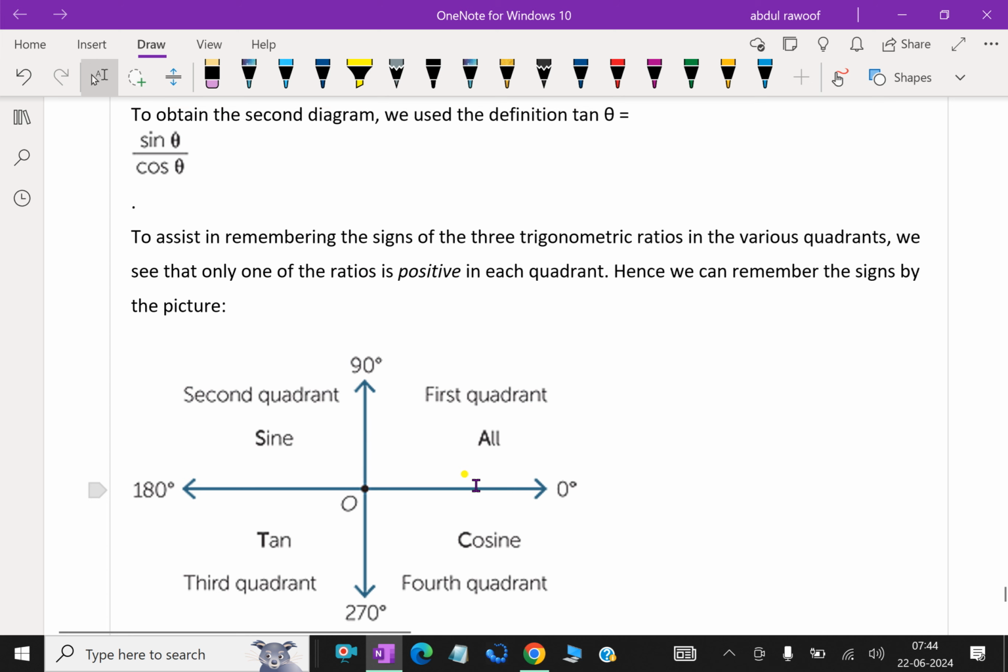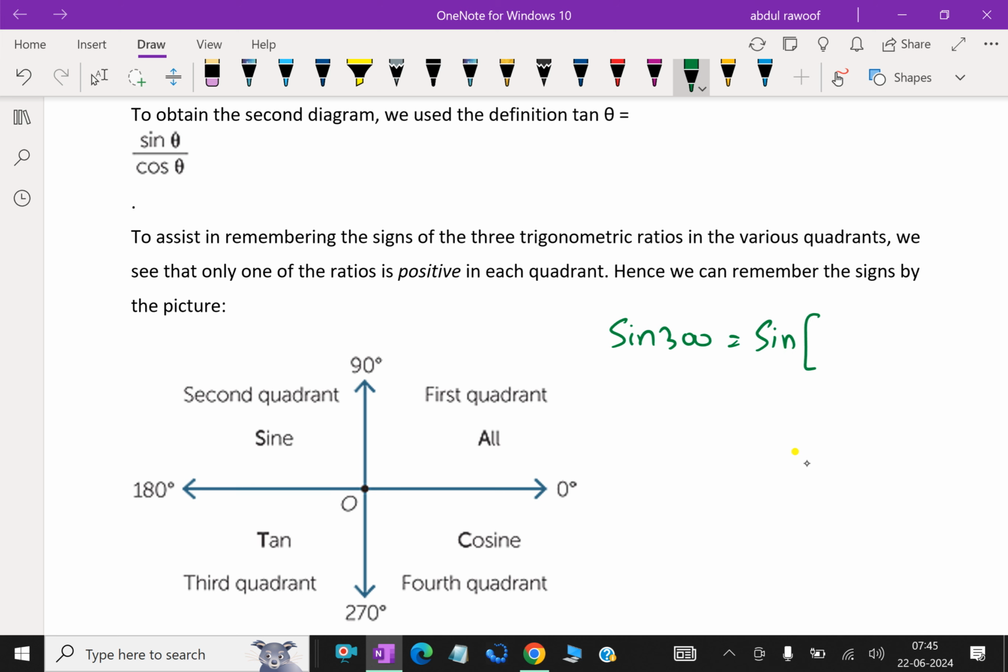The sine values of any functions: now suppose more than 90 degrees, suppose sine 300. How do we find the value of sine 300? First you have to split 300 in terms of n times 90 plus the rest.